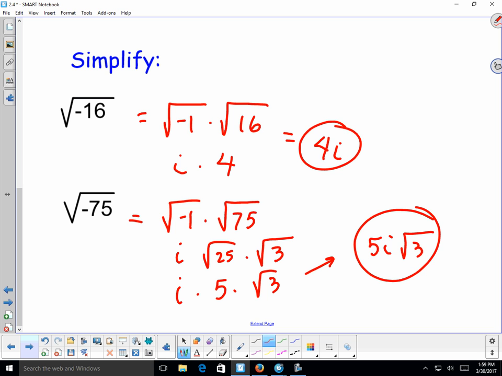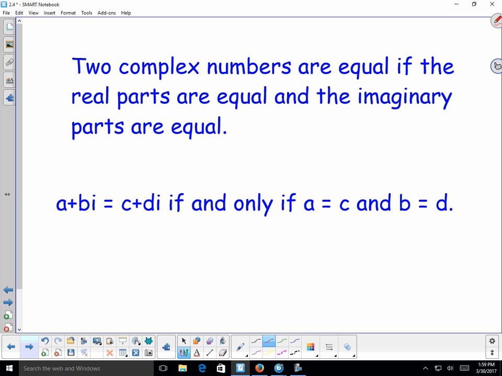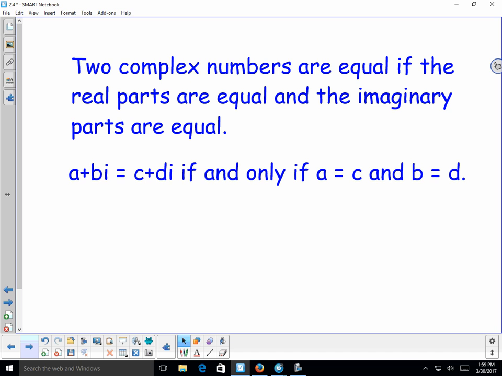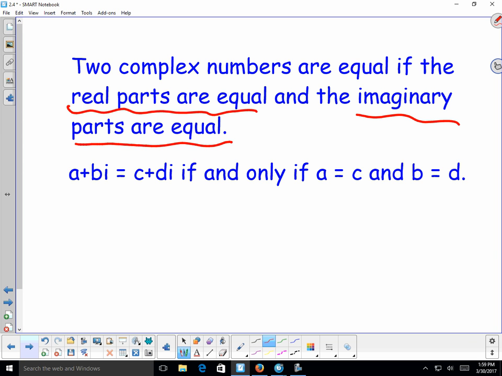All right, let's talk about when two complex numbers are equal to each other. That just means that the real parts are equal and the imaginary parts are equal. So if a plus bi is equal to c plus di, then the a has to equal c and the b has to equal d.